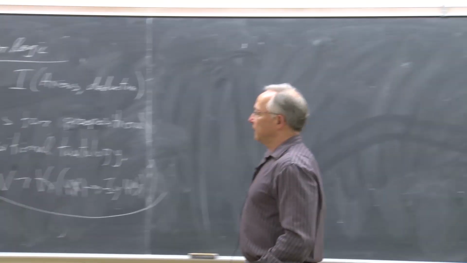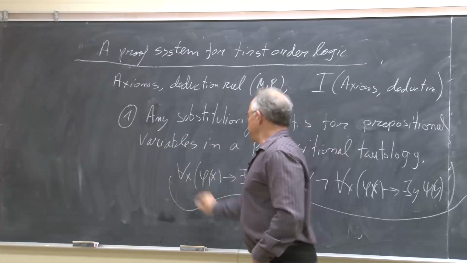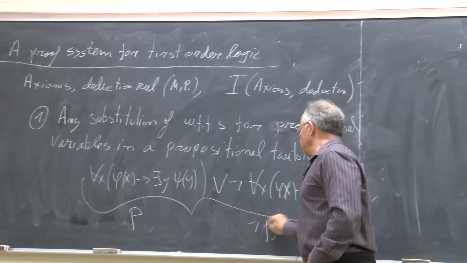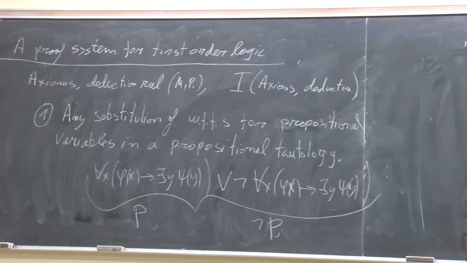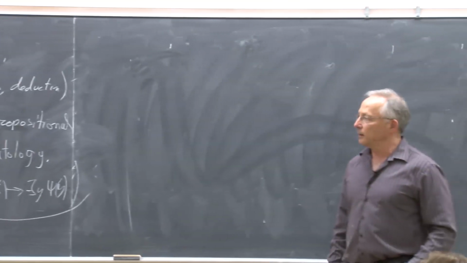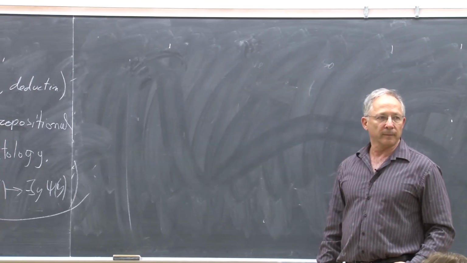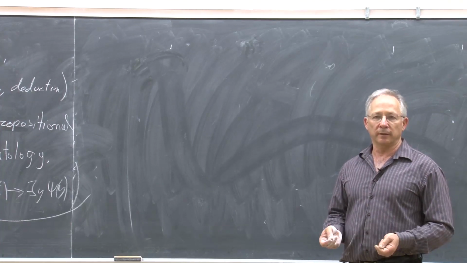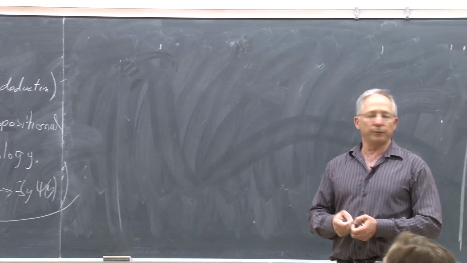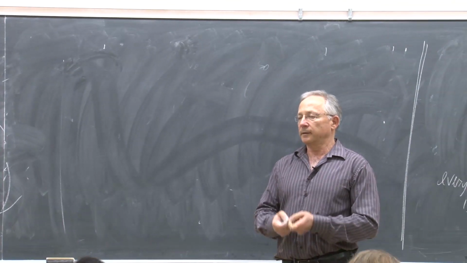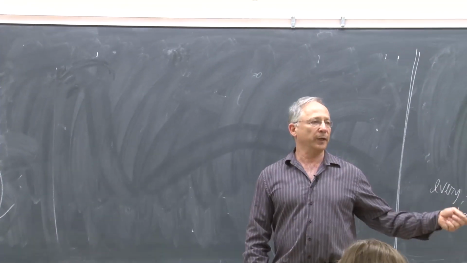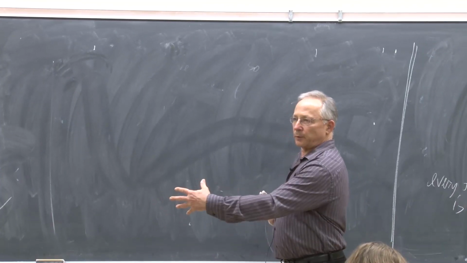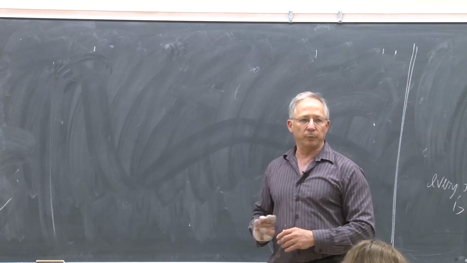I can say this is the formula that I substitute for p, and here I have not p. And p or not p is a propositional tautology. So this is an axiom. Whenever you take a propositional tautology and replace every variable with a formula, the same formula for the same variable whenever it occurs, the formula that you get is an axiom of type 1.